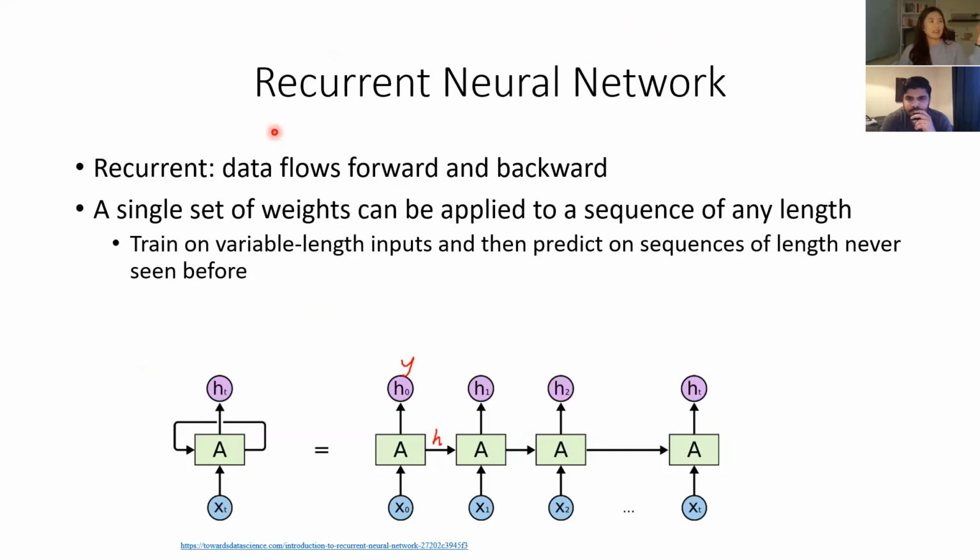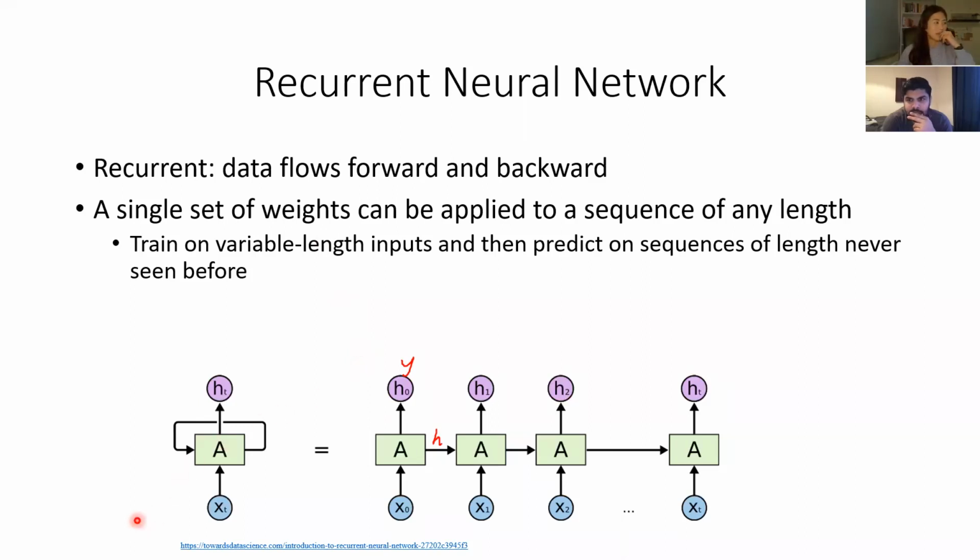There was a lady, I think, who tried to predict the next word of a long paragraph. She didn't find good performance with the RNN, and then she realized this RNN only has the capacity of a short-term memory.